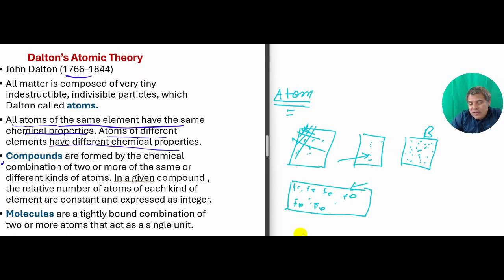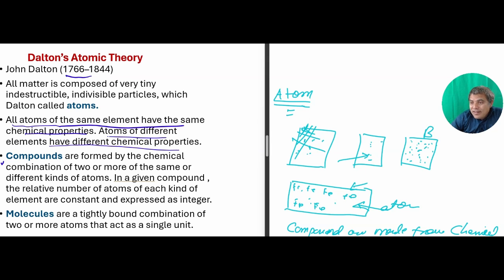Compounds are made by chemical combination of two or more of the same or different kinds of atoms.